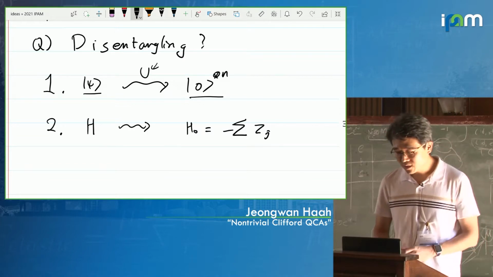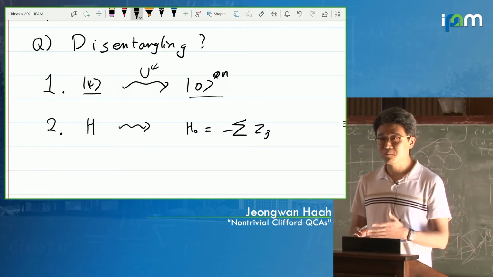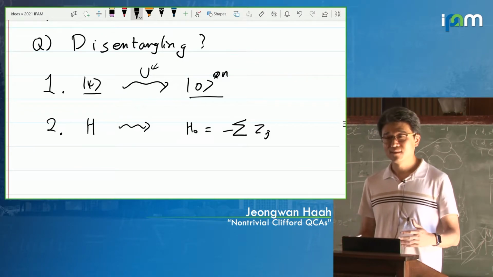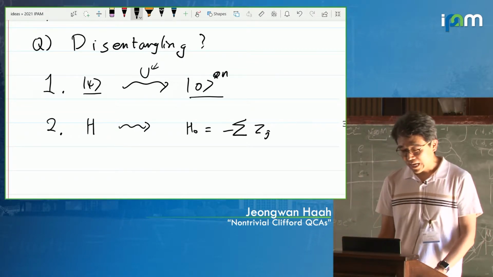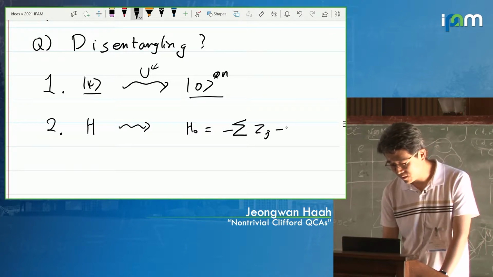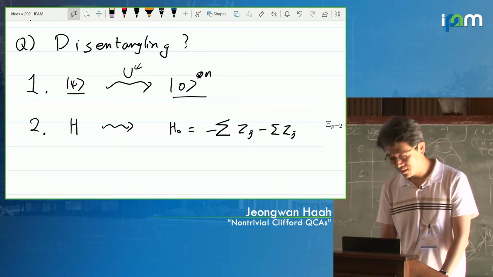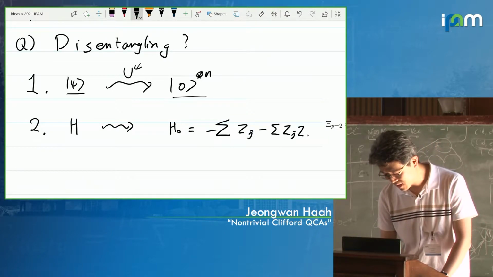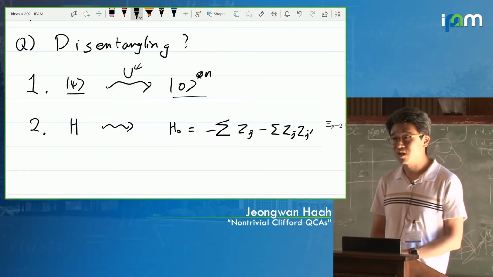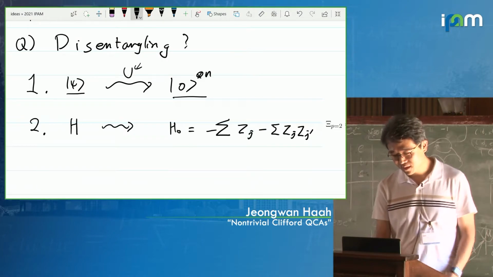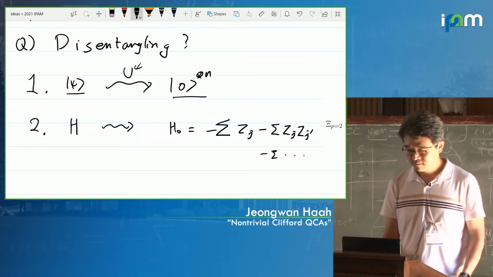In H naught, everything is just a single-qubit sigma z. The ground state is trivially the all-zero state. Nothing really interesting happening. I could modify this Hamiltonian to include other terms, but still preserving the triviality of the ground state, just like this, where J and J prime are nearby. I didn't do anything to the ground state, and you can keep playing the same game.